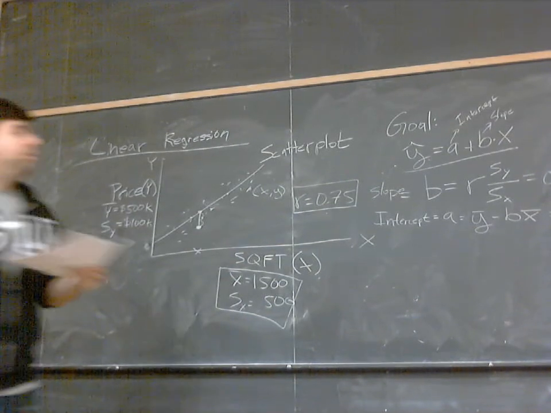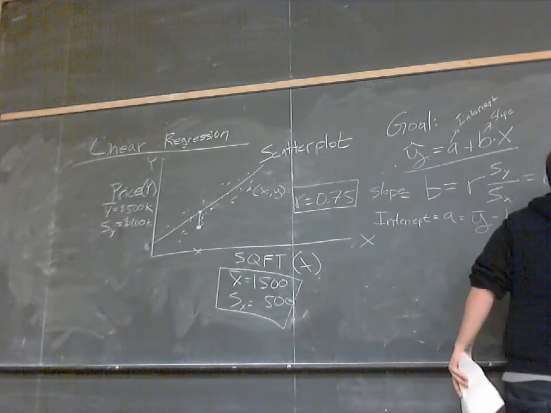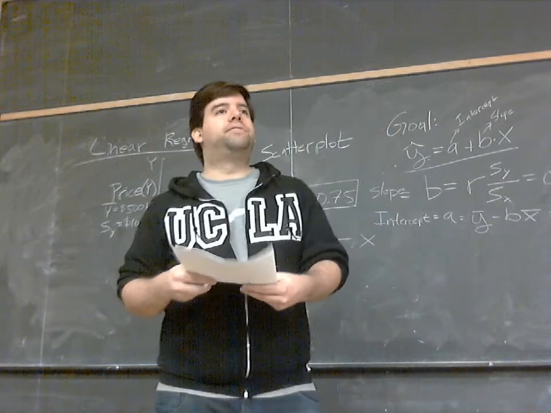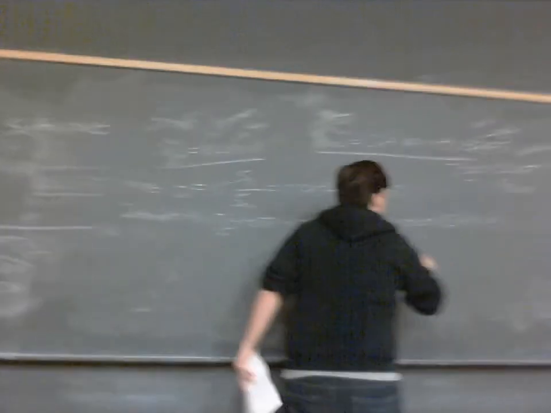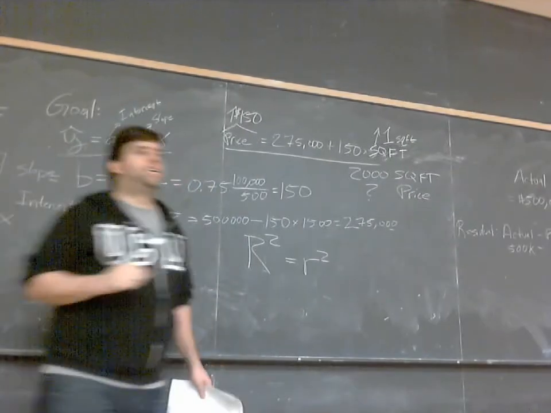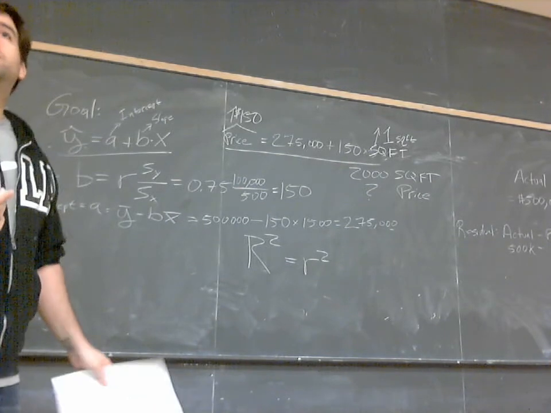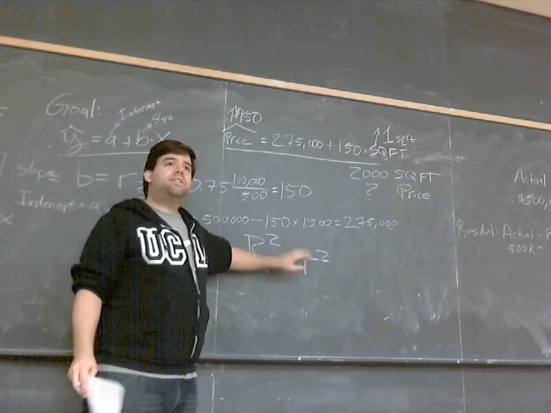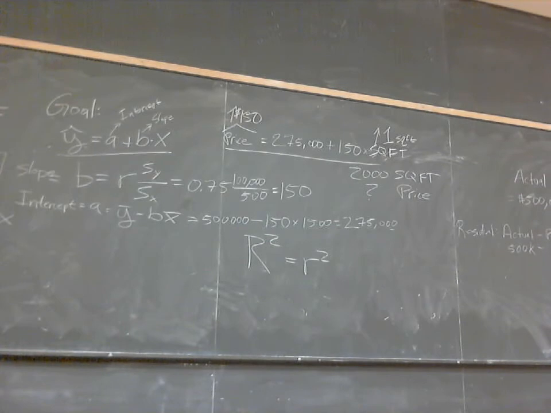All right, the last thing we talked about in linear regression was this capital R squared. We call it the coefficient of determination. To be honest, I don't even know what that name means, but it's giving us the percent, the textbook definition, of the variability in y that's explained by x.